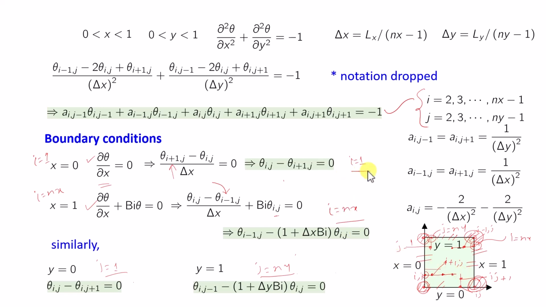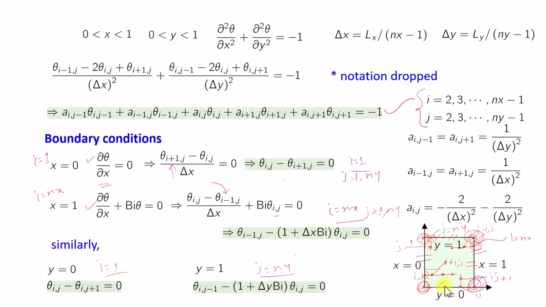So for instance, if i equals 1, that means I am at this boundary. Let us say I calculate for j equals 1 to ny, all the points I take. i equals nx, once again I calculate for j equals 1 to ny. I take all the points. Then all my 4 corner points are taken. So when I am going for this y equals 0 and y equals 1 boundary, I should not bring these corner points once again.